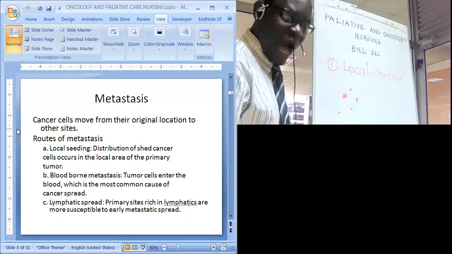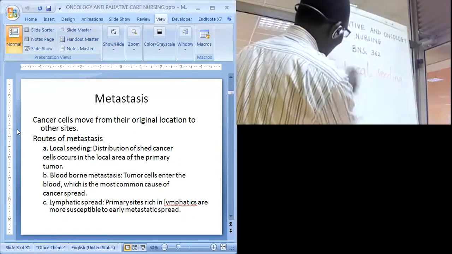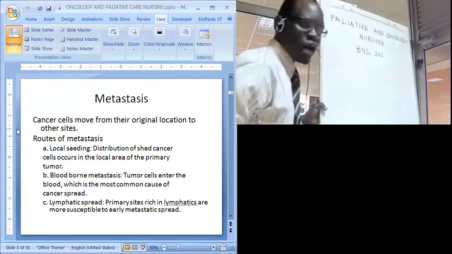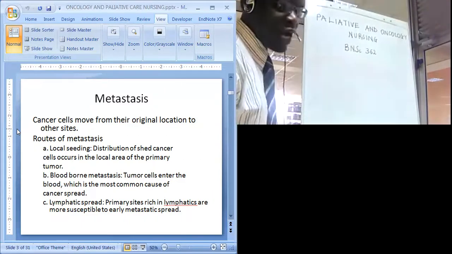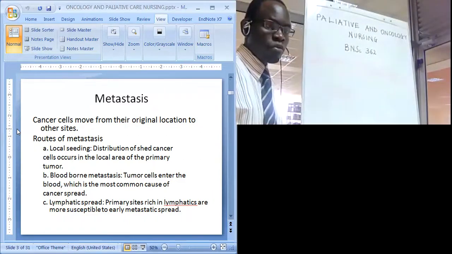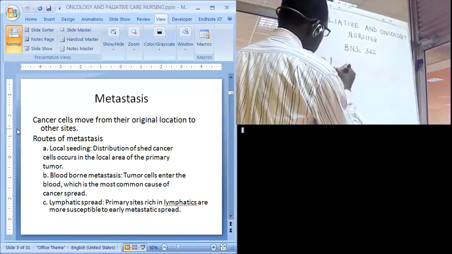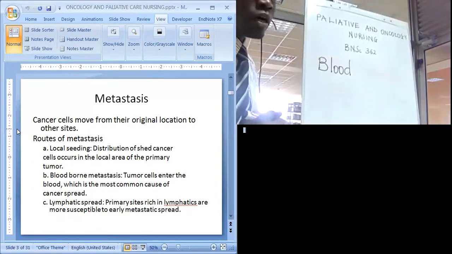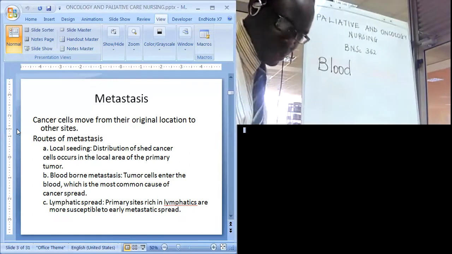But because blood is always moving here and there, we also have blood as a means of movement.